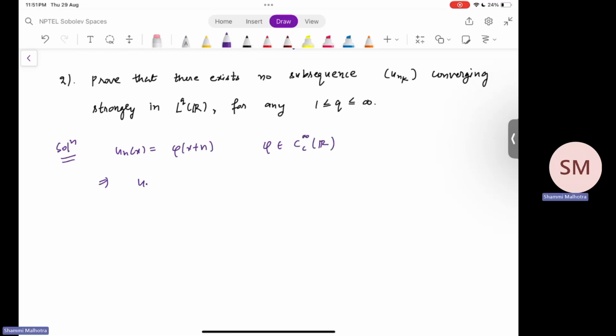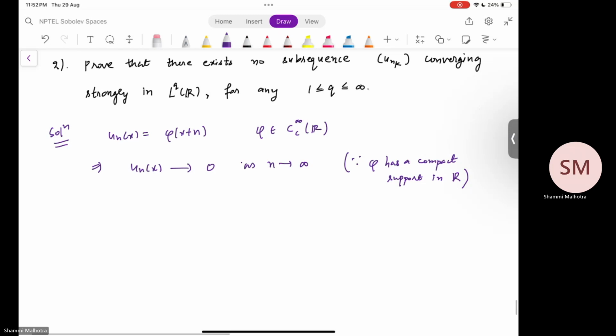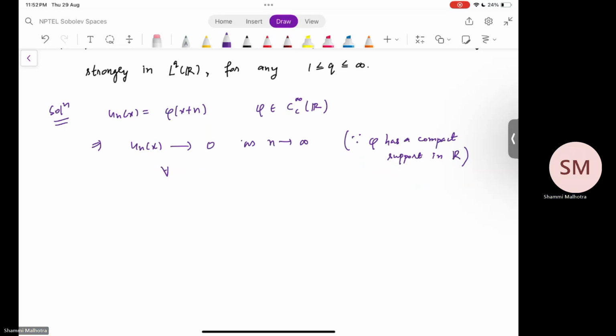This implies that u_n(x) converges to 0 as n tends to infinity, since phi has a compact support in R, and this holds for any x in R. So ultimately this sequence converges pointwise to 0 only.